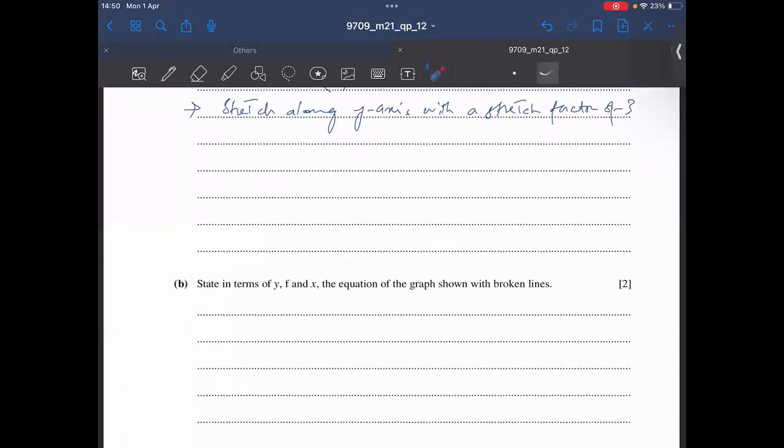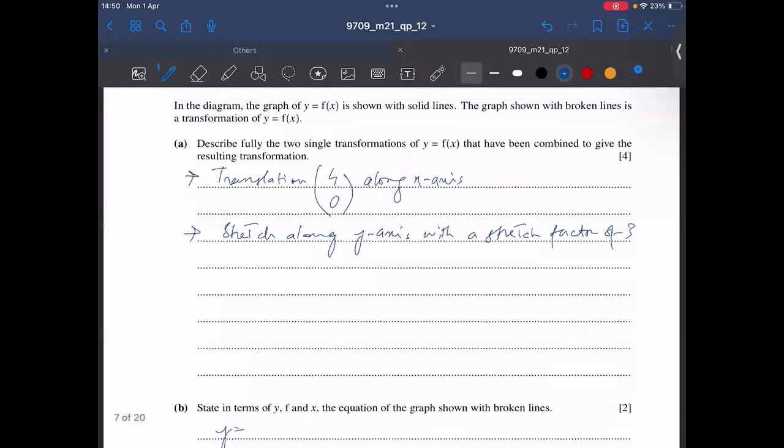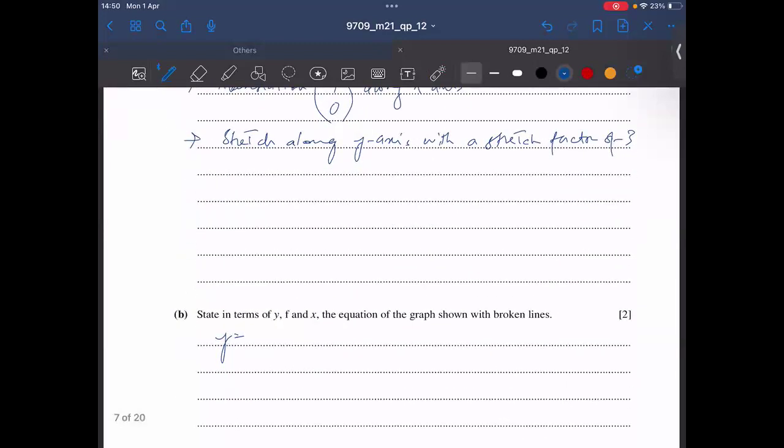All right, Iman, then we have stated in terms of y. Now, Iman, you are asked to do so over here in part B. That is y equals, you had just f of x. Now you're going to write down 3 times f of x minus 4.